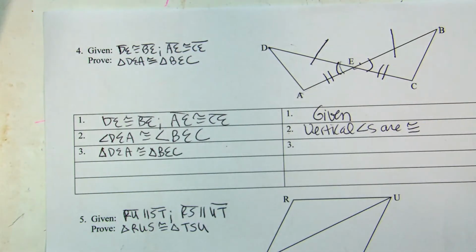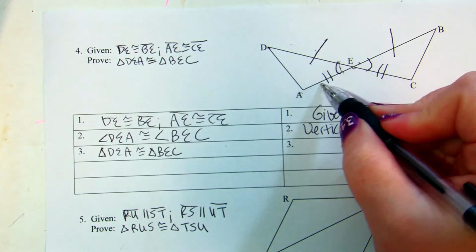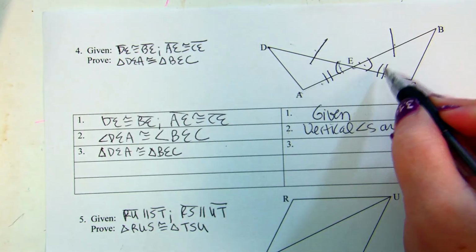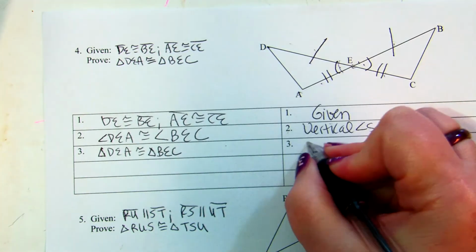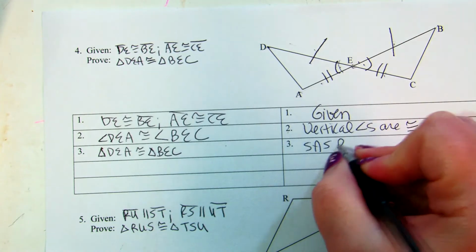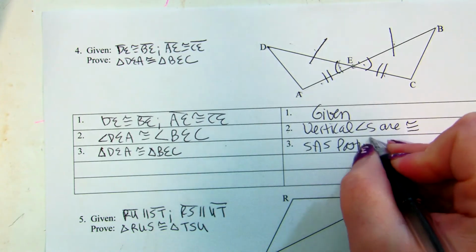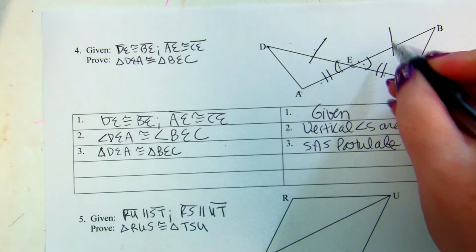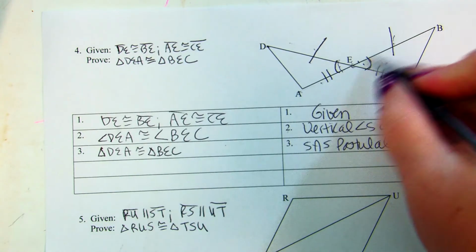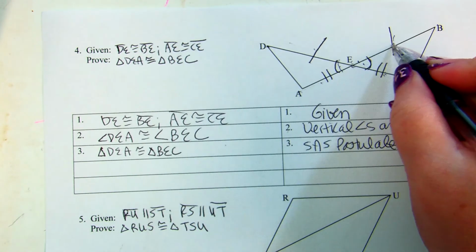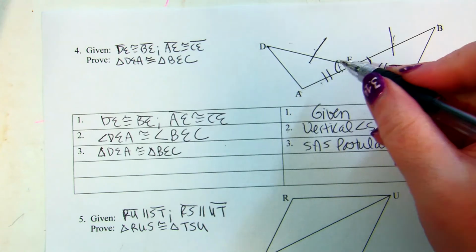And then what method would it be for them to be congruent? SAS postulate. Two sides and the angle in between the sides. Side, angle, side. Side, angle, side postulate.